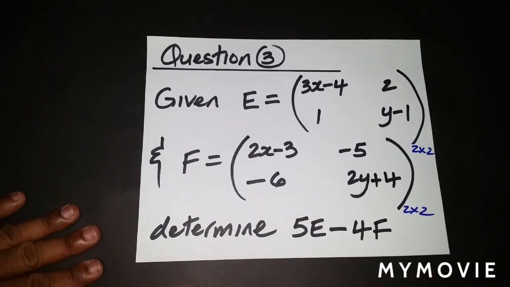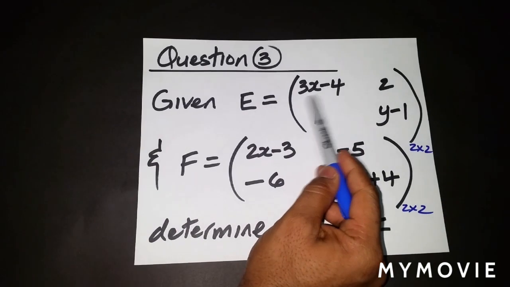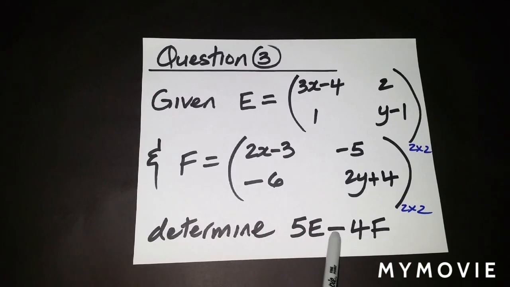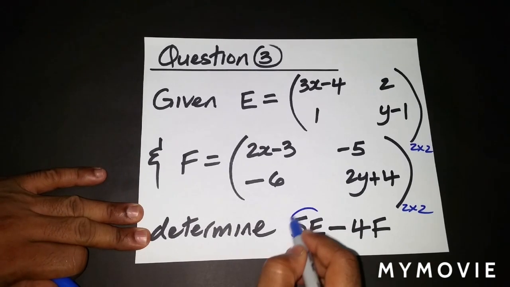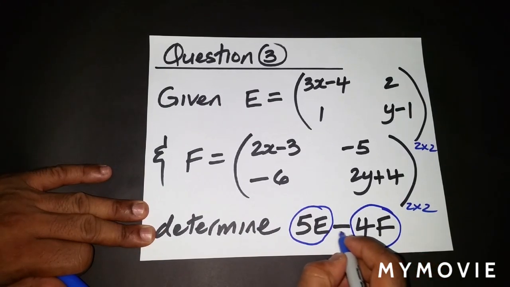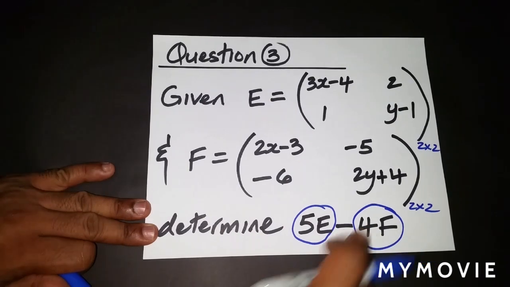Now, the big thing is that these matrices have algebraic expressions in them, and we have to be very careful now, especially when we're dealing with a subtraction question. All right, but the procedure is going to be the same. We're going to be finding 5e first, and then 4f, and then afterwards we're going to do the subtraction. Remember, we're not finding negative 4f, we're finding 4f.